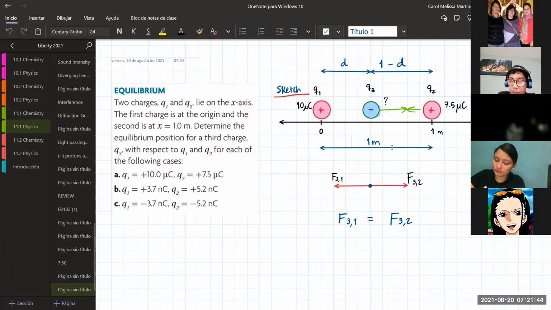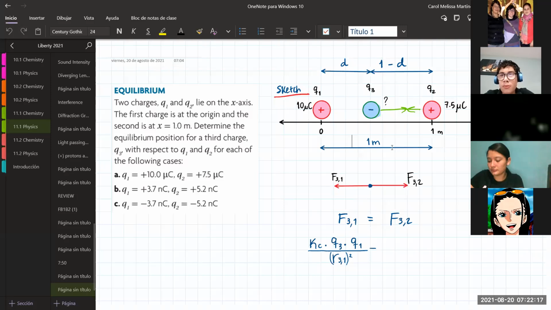We write the definition of force by using Coulomb's law, that is Kc times Q3 times Q1 divided by the distance 3,1 raised to the second power.